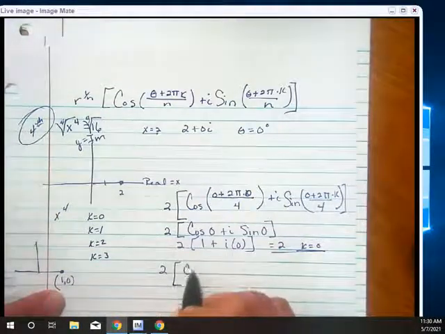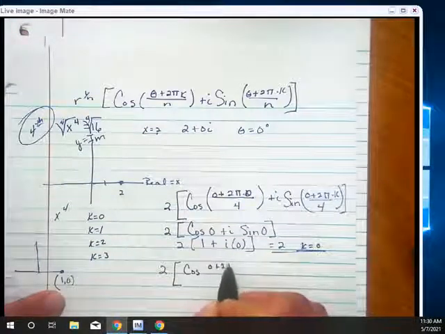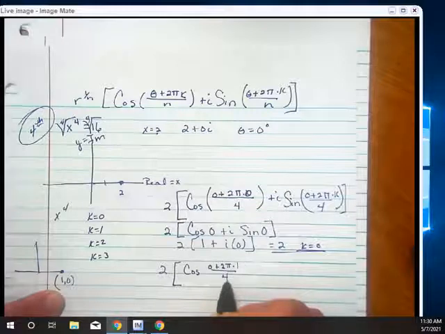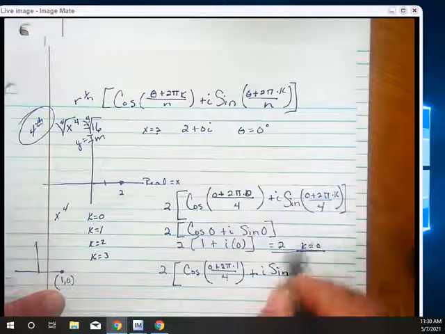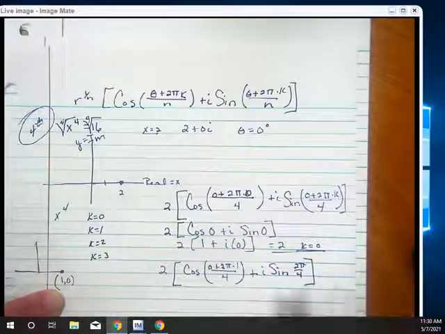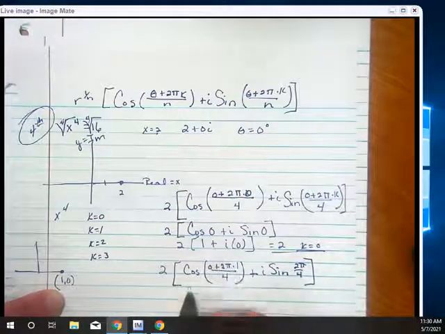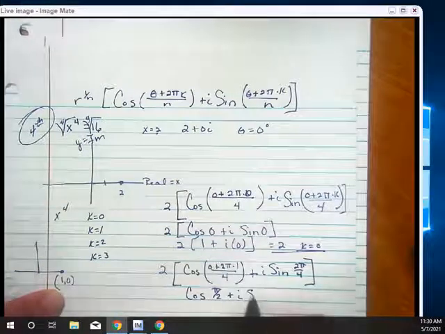Now I've got to do it again. 2 times the cosine of 0 plus 2 pi times 1 divided by 4, plus i times the sine of, and I'm just going to simplify, 2 pi over 4. 2 pi over 4 becomes what angle? Pi over 2, that is correct.